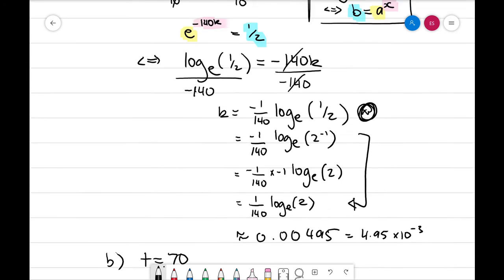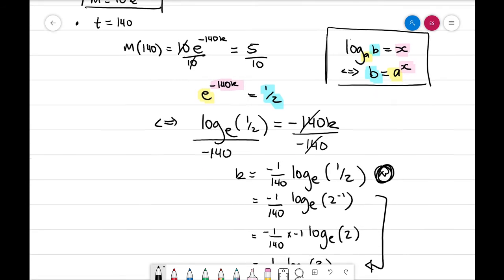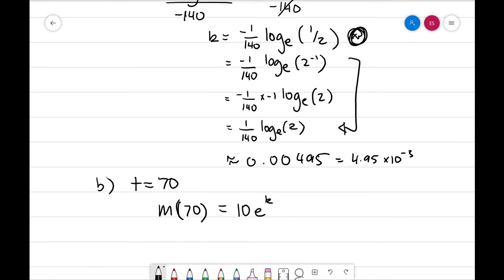Is it minus K? I think it was minus Kt. Yep. Now I'm not going to write K down there because it's just a bit annoying and cumbersome, but remember that K is equal to this. Any of those three.